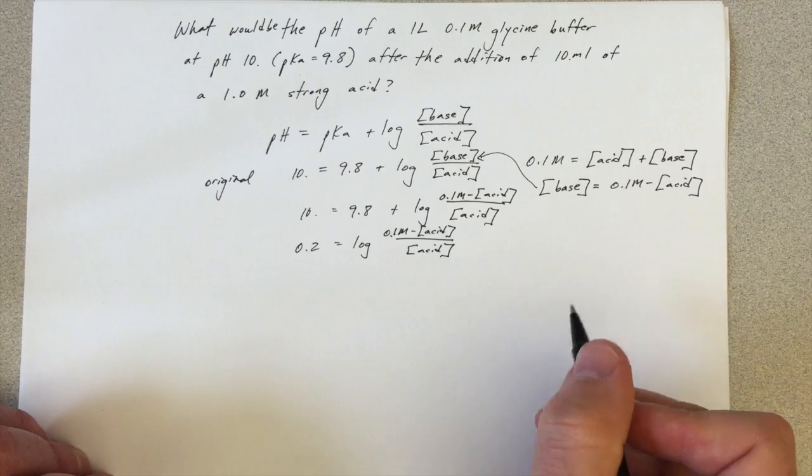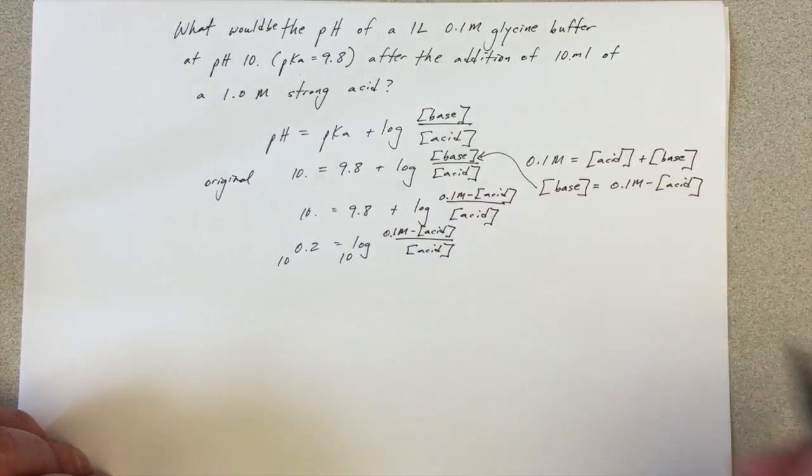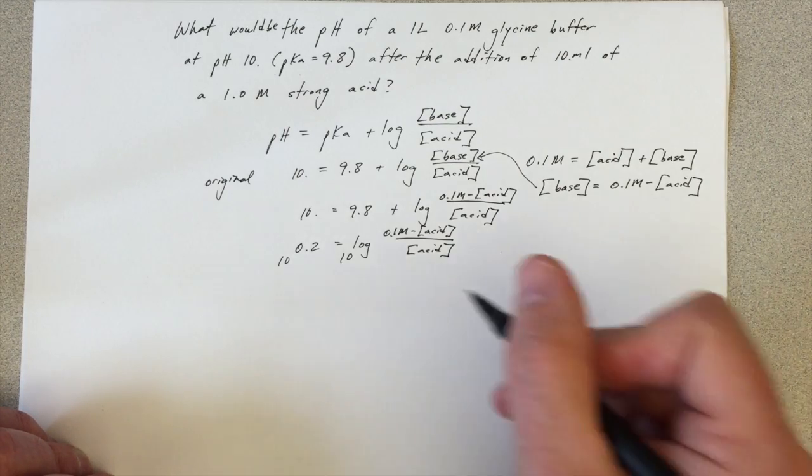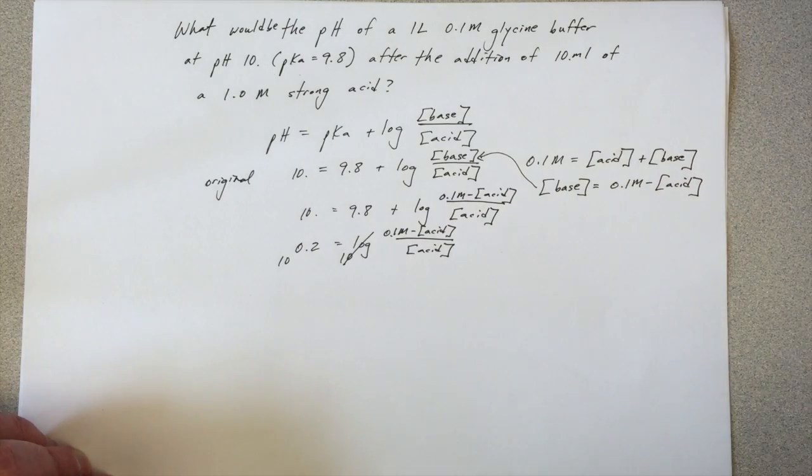How do I get rid of the log? I take the inverse log of both sides, 10 to the 0.2, and that will get rid of the log. I guess on this calculator I have to do inverse log of 0.2.